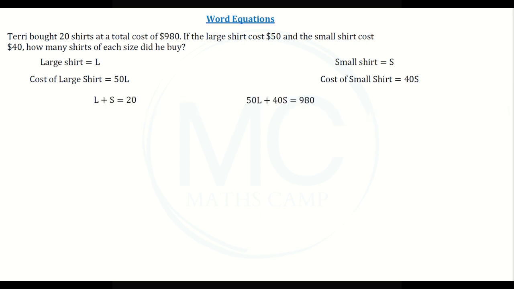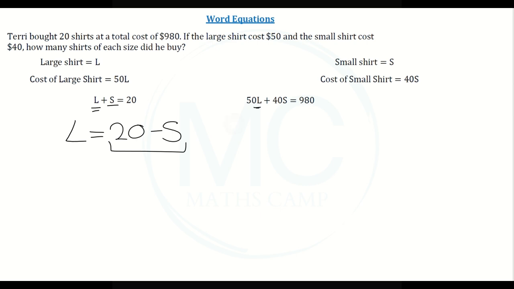And now we have 2 simultaneous equations. Let's start by making L the subject in this equation. So I'm going to say L is equal to 20, move the S, so we say minus S. And now I'm going to substitute 20 minus S into our L over here.